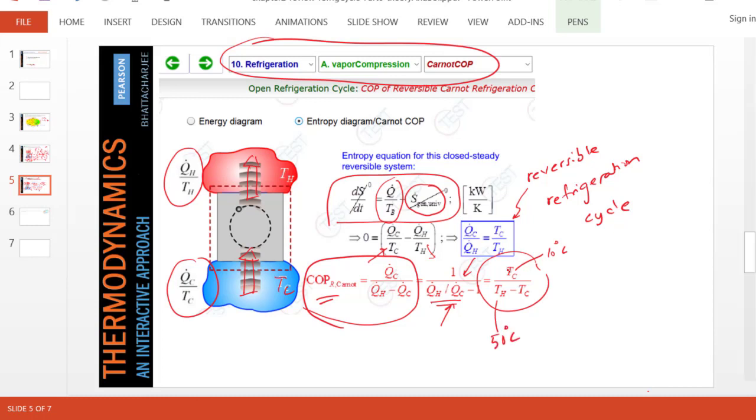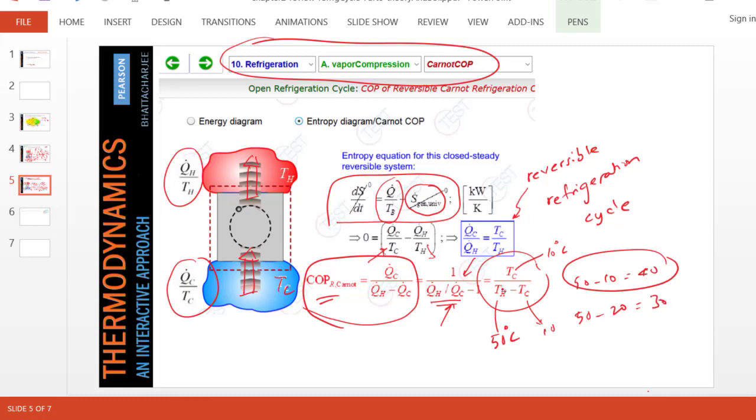So look at the denominator, Th is 50 and Tc equals 10, so the difference is 40. Now suppose you say, you know what, I can live with a temperature of 20 degrees Celsius. In that case, the denominator becomes 30.